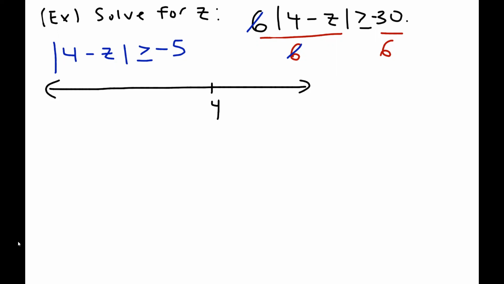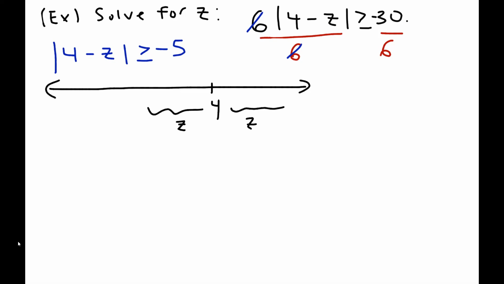It's always going to be greater than negative 5. So it's hard to interpret something like this, but we're going to go ahead and solve it anyway and see that we get all real numbers. We know that it's always going to be greater than or equal to negative 5, because there's no real distance there. Our distances are always greater than negative numbers.